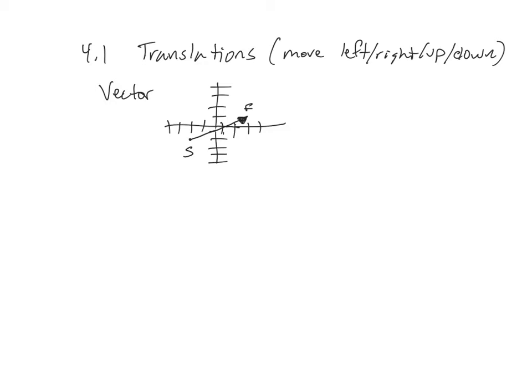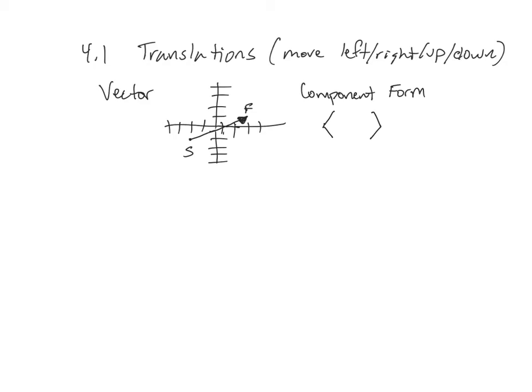Okay, and so if it says to write a component form, it just wants to know from the beginning to the end what did you have to do to get there. And it's written not with these bracket styles, it's not a parentheses.